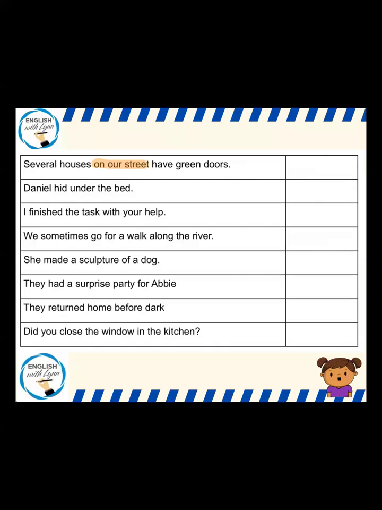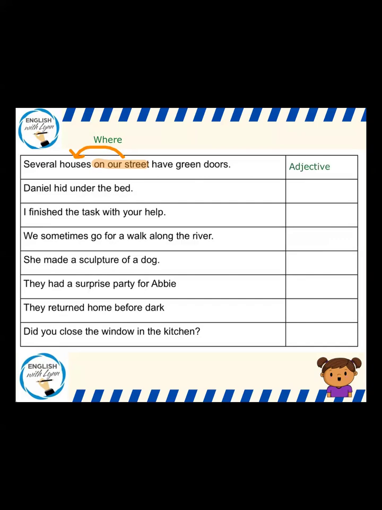What it is linked to is that it is telling us more about the houses. It is telling us more about where the houses are. Houses are a noun, so this is acting as an adjective because it is telling us more about the noun.